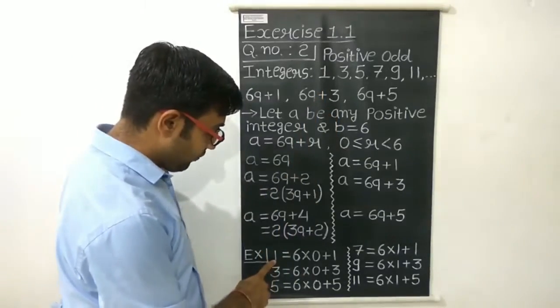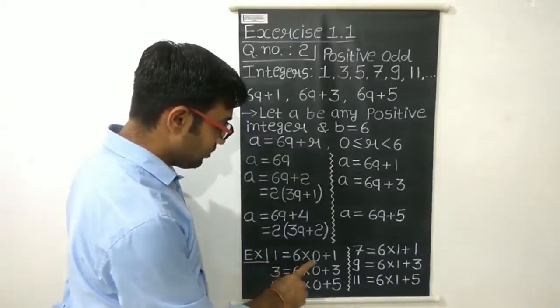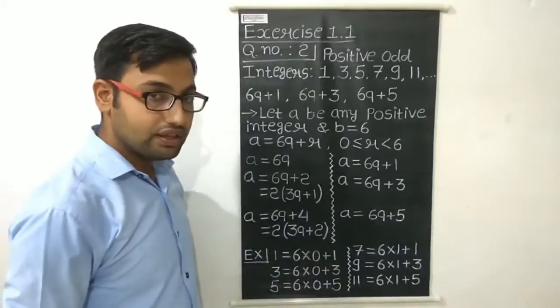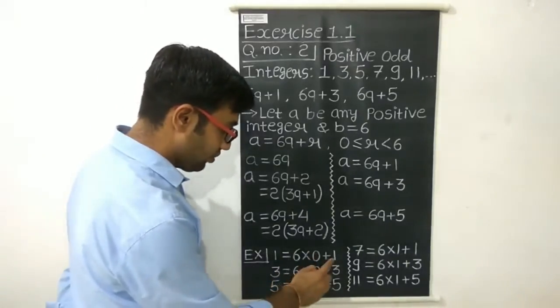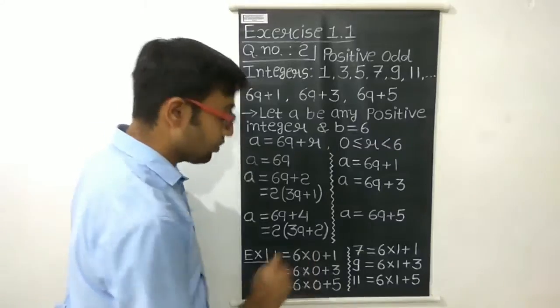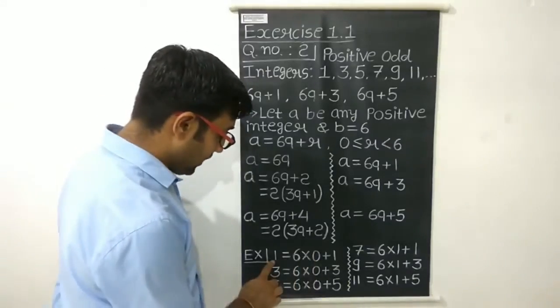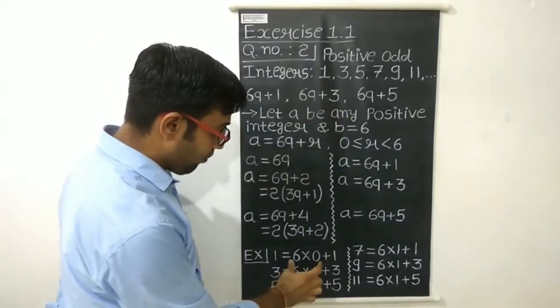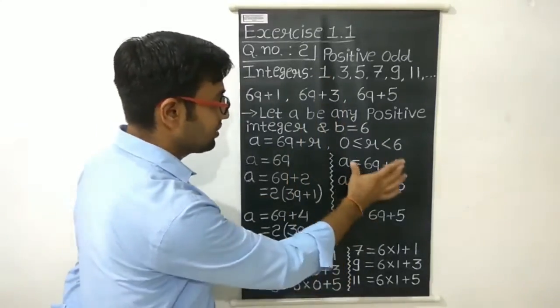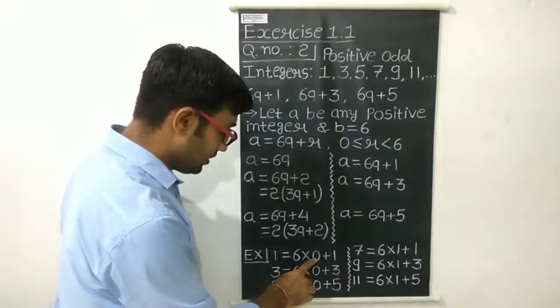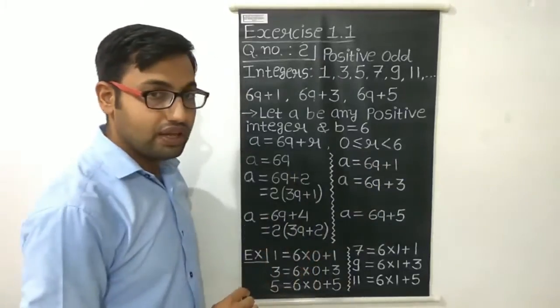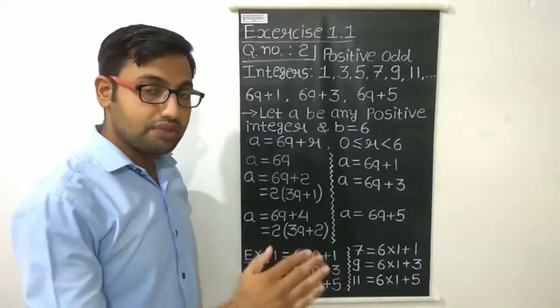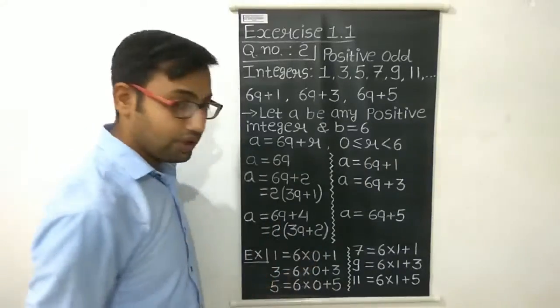So we can write 1 is equal to 6 into 0 plus 1. Yes, because 6 into 0 is 0 and plus 1 remains. So 1 is equal to 1, right? So we can write 1, the first positive odd integer, in the form of 6q plus 1. What is q? q is 0. And in the question it is given that q is some integer. So q is 0 here.